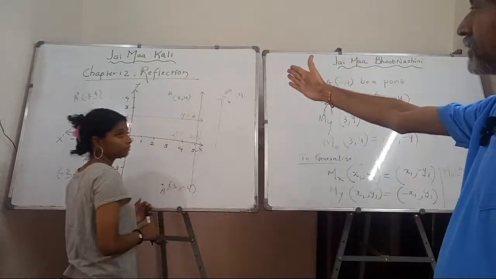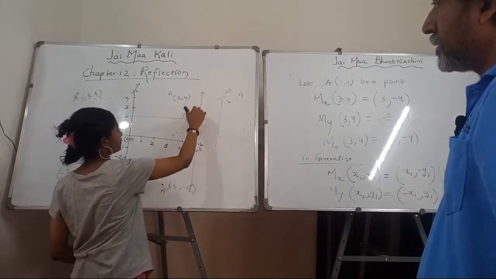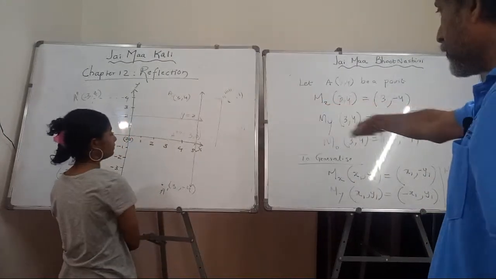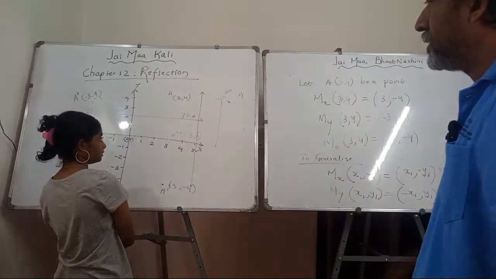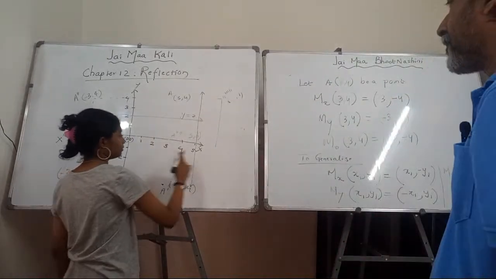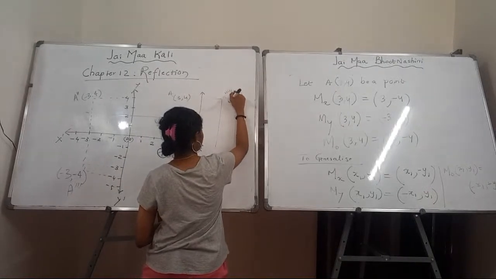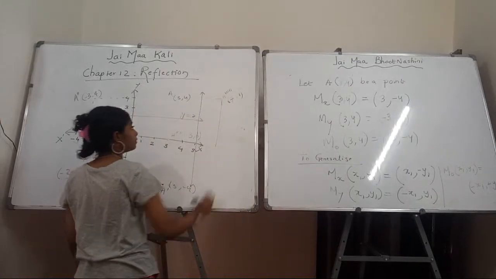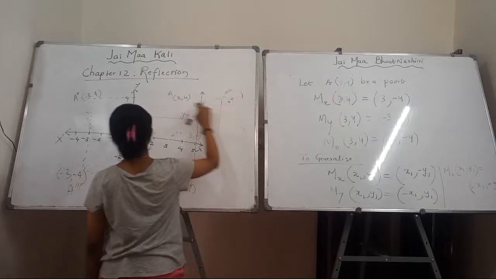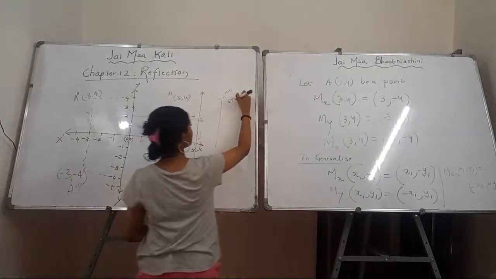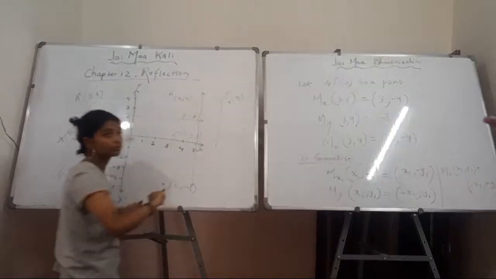See, this is the mirror. Where will the image be? If the coordinate should go further, so what is the coordinate? Yes, 7. Y coordinate? 4. You understood?